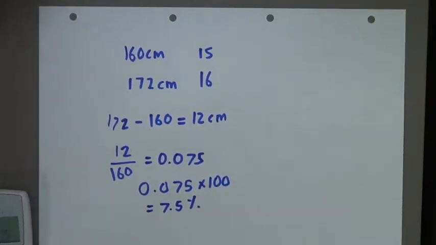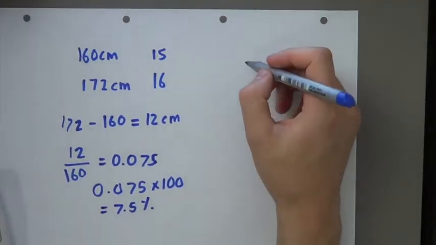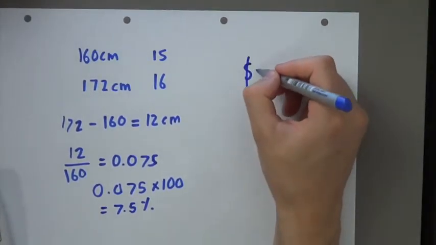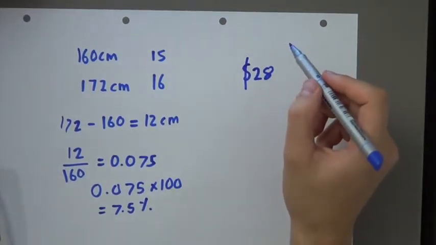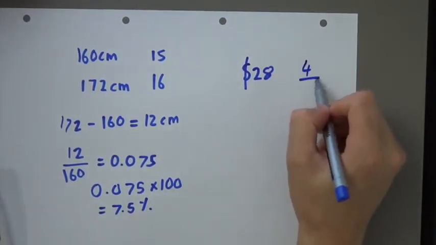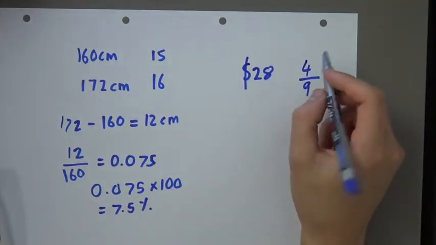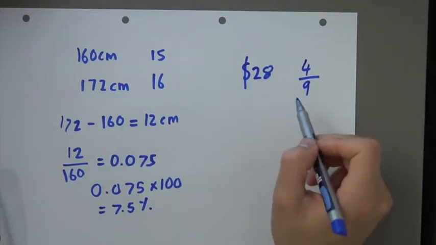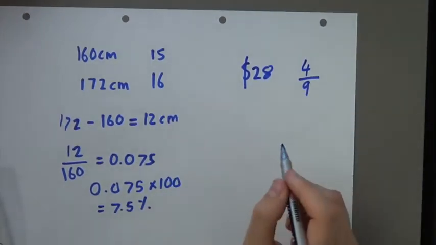Right, next question. Alphonse spends $28 on food, and then this amount is 4/9 of his allowance. Calculate his total allowance. If 28 is 4/9, so I'm just going to convert that into a decimal.